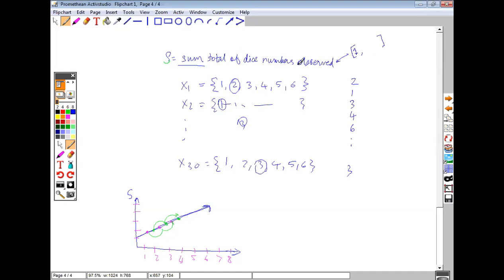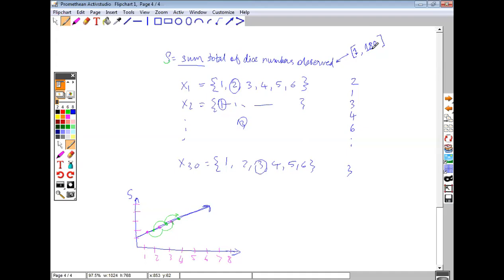What is the maximum value that my S can take here? Anyone? Can you tell me, 6 maximum into 30? Exactly right. It will be 180. 6 into 30. That is if you observe a number 6 on each and every die roll every single day. So that would be the maximum value that your S can take.